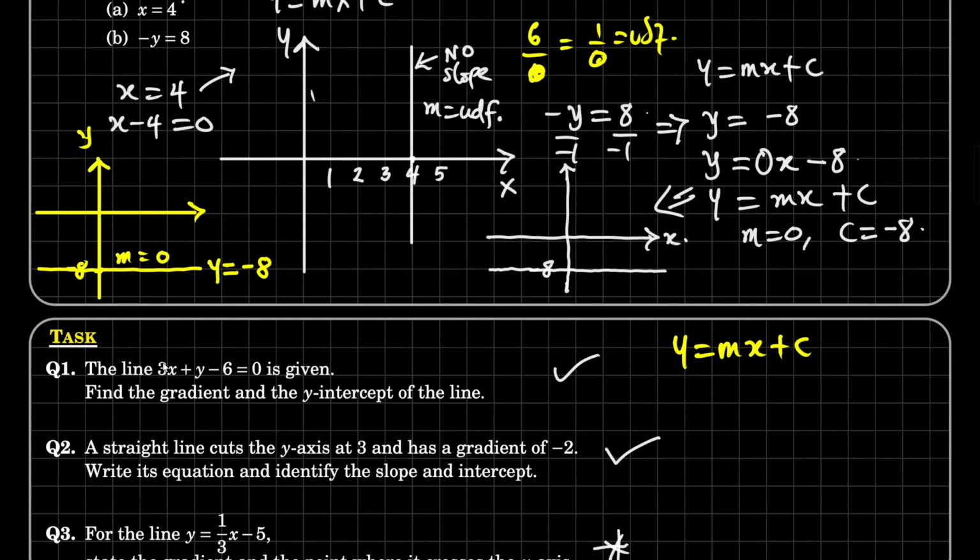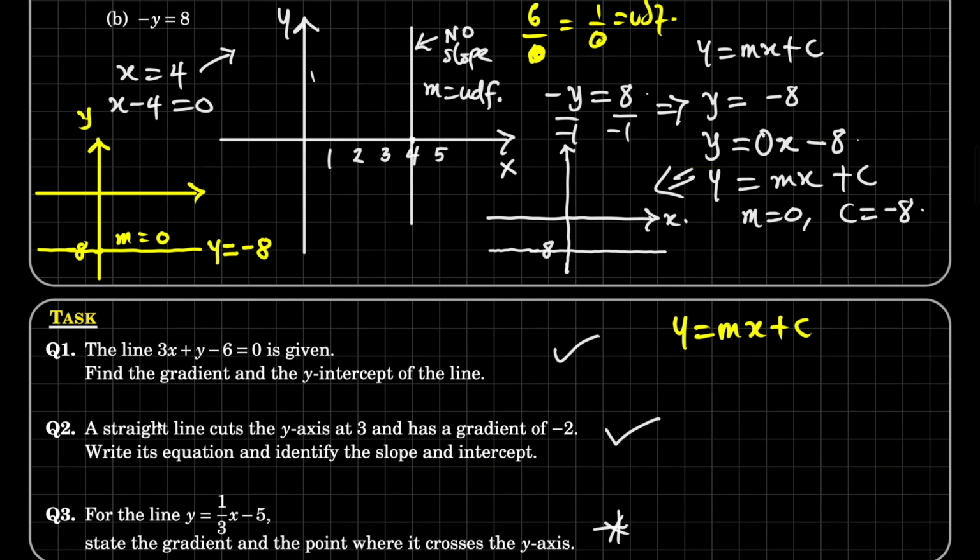Take your 3x to this side. Take your -6 to this side. It becomes plus. Then compare it with the formula, and then you have what you are looking for. And then for question 2, you just need to write the equation, and that's it. You don't have to identify anything, just write the equation.